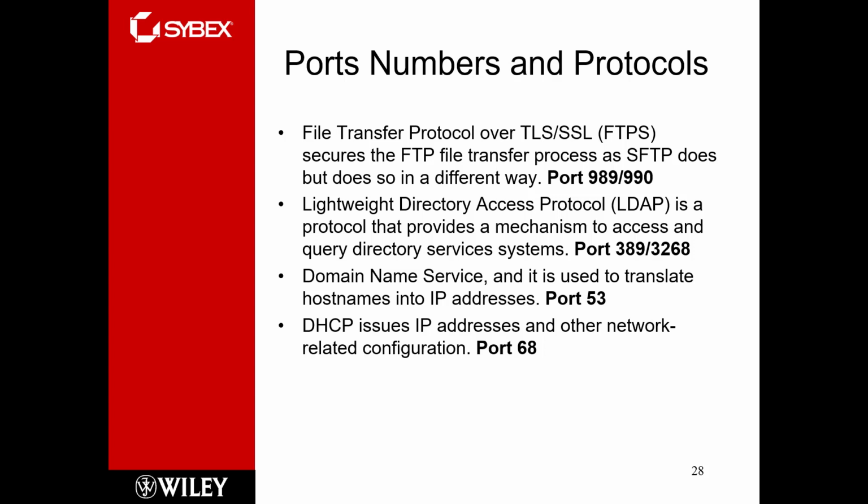Those are pretty common when it comes to email as well. Active Directory uses port 389. DNS uses port 53, both TCP and UDP. And DHCP by default uses port 68, both TCP and UDP.